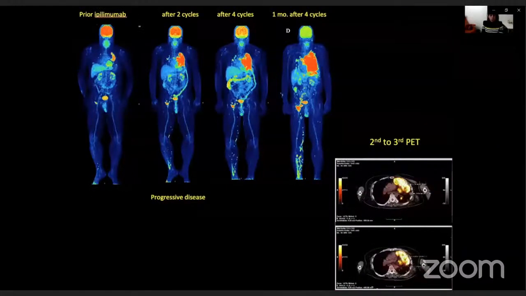Let me show you some representative examples of follow-up cases in patients with ipilimumab monotherapy. This is a patient with a large package of metastasis in the left lung and in the surrounding thoracic wall, and you see that there is a clear disease progression if you look at the follow-up studies.